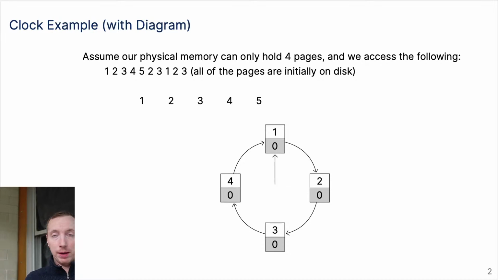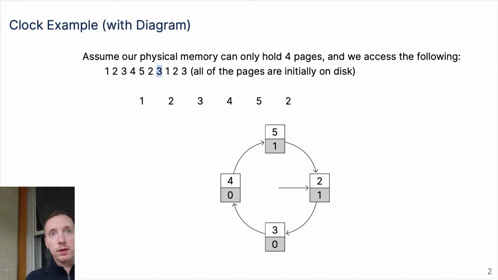Right before, we're looking at page 2, its reference bit is 0. We know this one's going to get swapped out. So when we swap it out, we swap in page 5, its reference bit is 1, and as part of putting it into memory, we just move the iterator by 1.